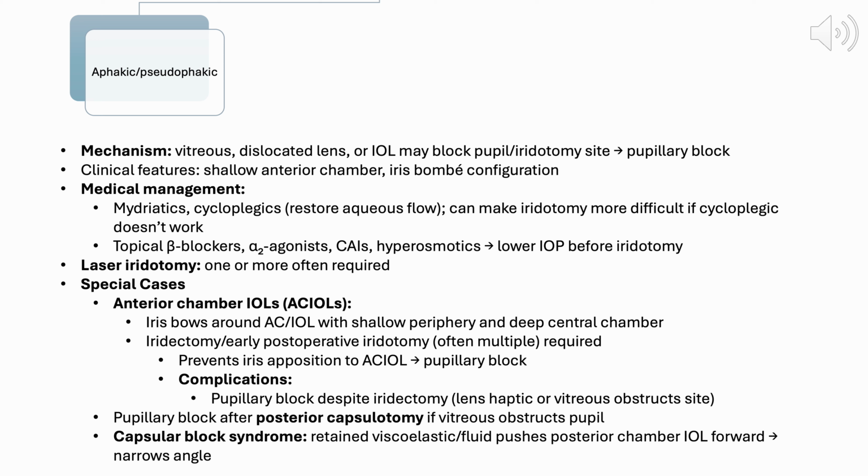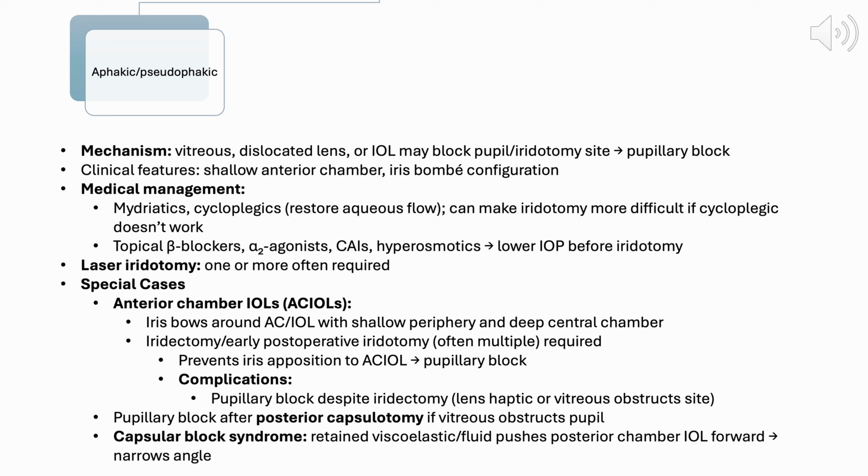With anterior chamber intraocular lenses, the iris bows around the implant, creating a shallow periphery and a deep central chamber. In these patients, multiple early iridotomies or even an iridectomy are often required to prevent pupillary block. Despite these measures, complications can occur, including persistent block if the lens haptic or vitreous obstructs the iridotomy.